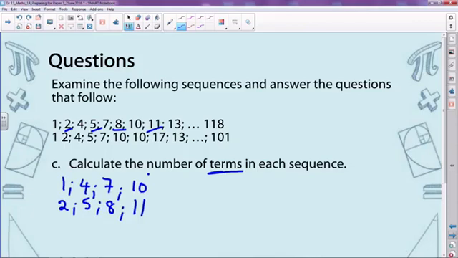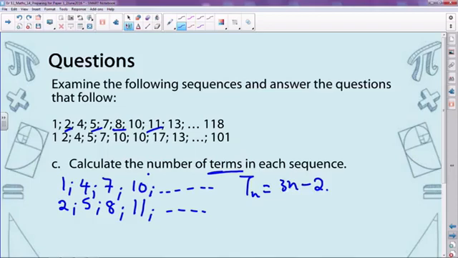And this pattern continues up to 108. So you can work out your Tn. Tn will be 3n minus 2.